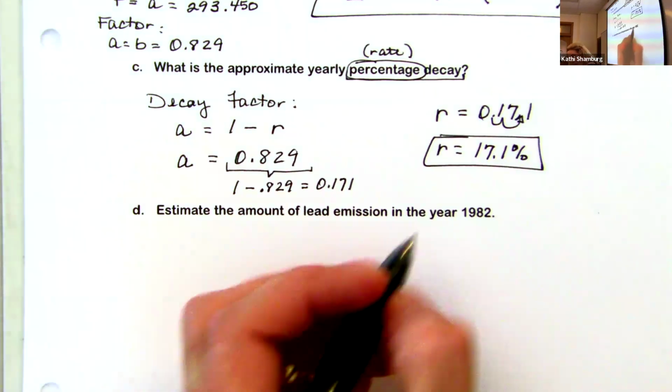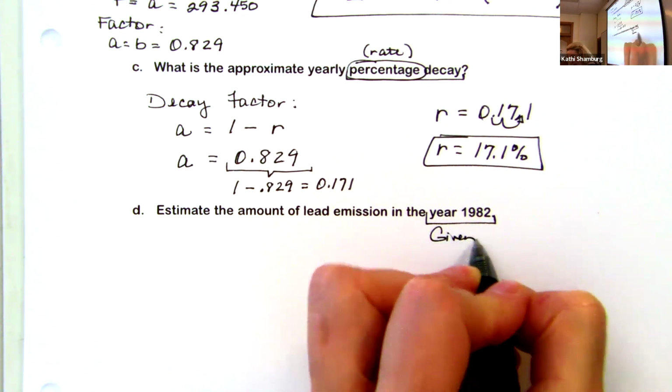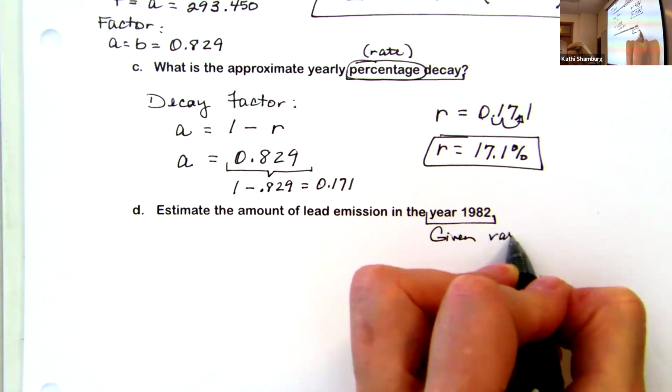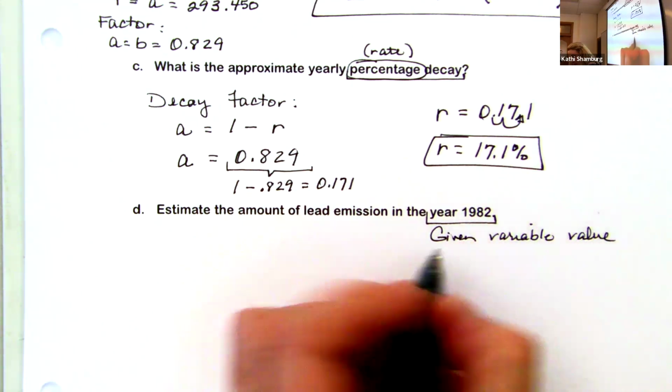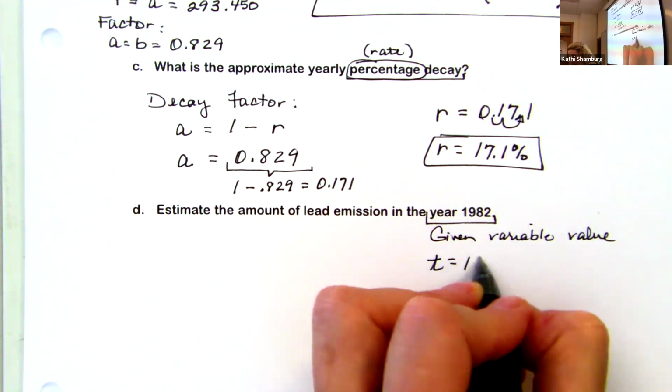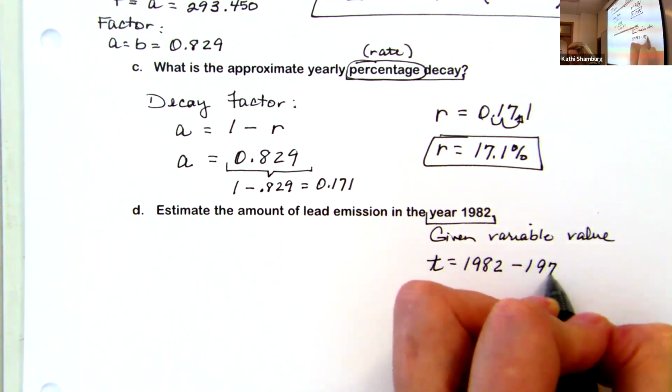Estimate the amount of lead emission in the year 1982. What's given? But again, it's not t equals 1982, it's years since 1970.